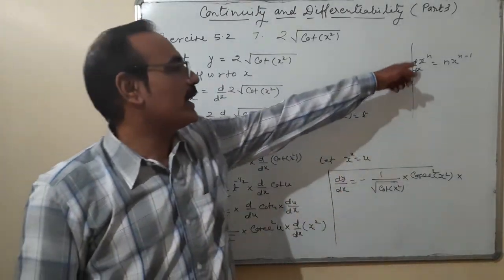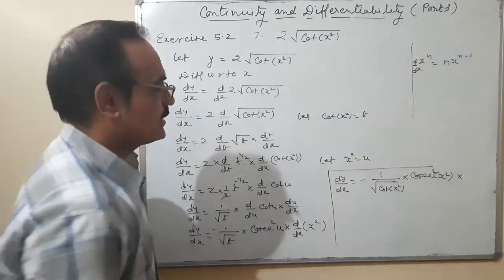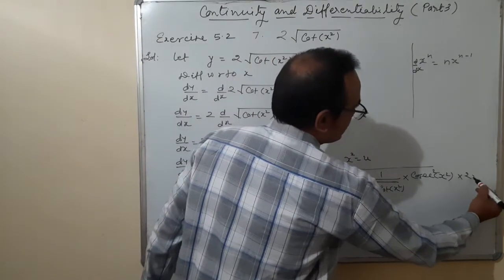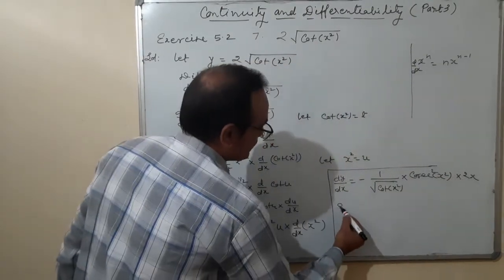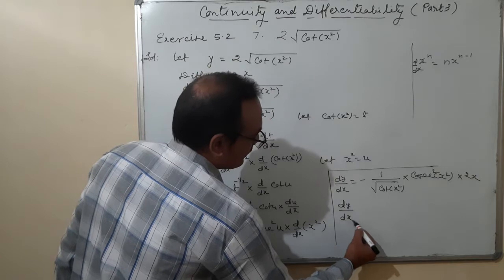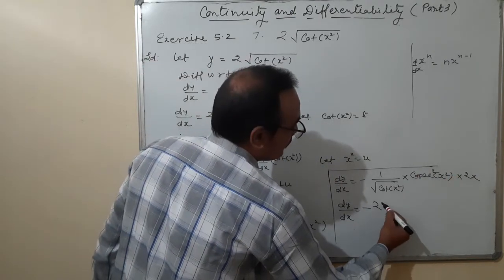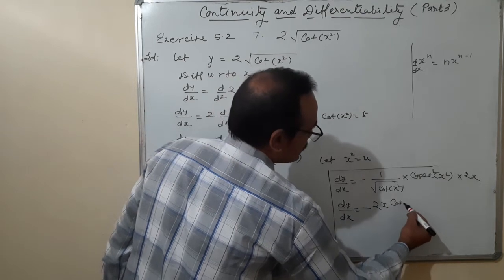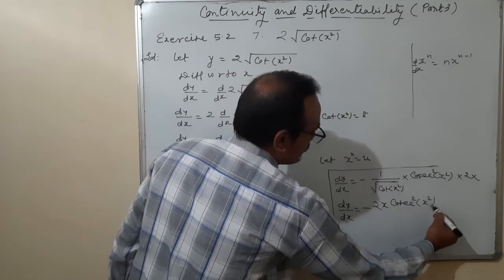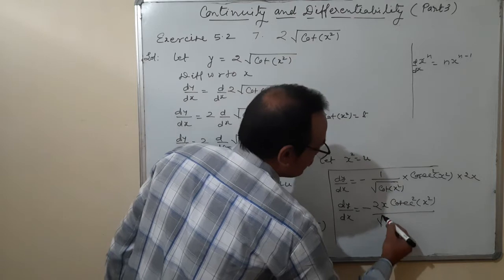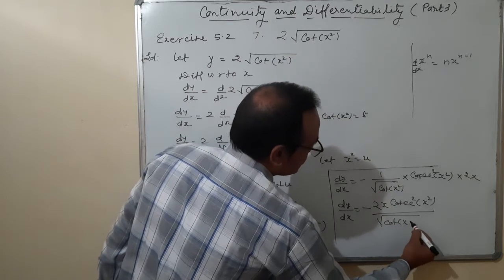The basic formula for x to the power n, that is 2x. So here I can write 2x. Okay, so that means dy by dx is equal to minus sign 2x cosec square x square upon under root cot x square.